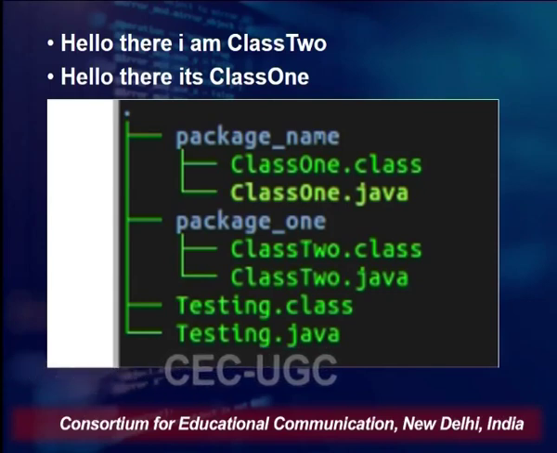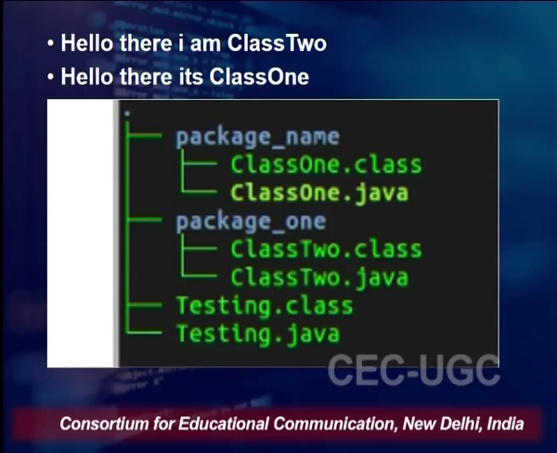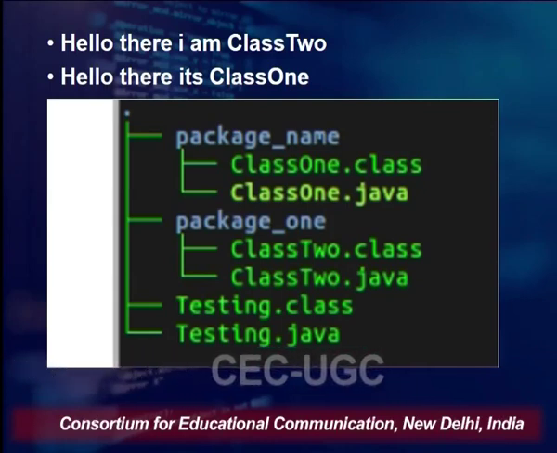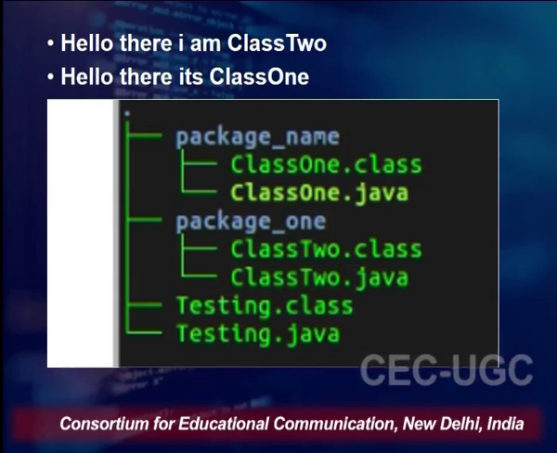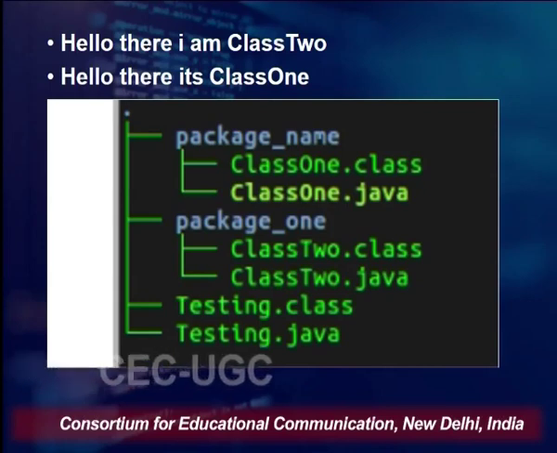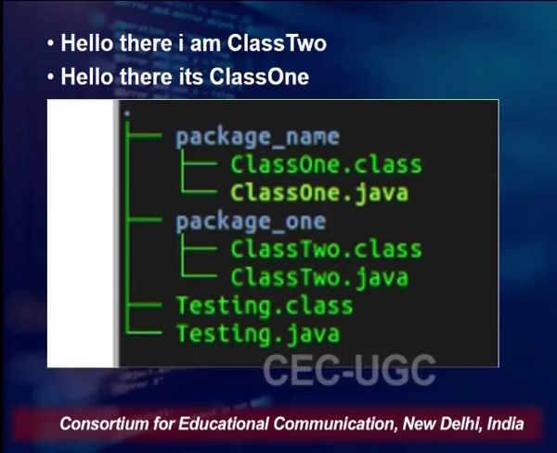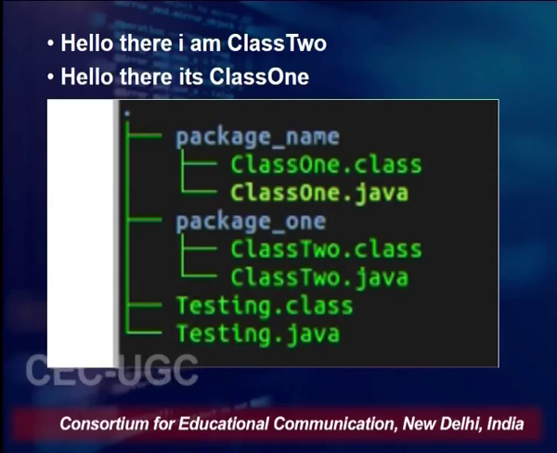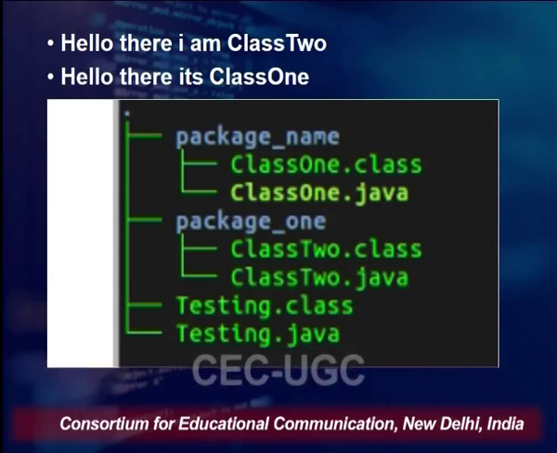Then within package_1, there is class2.java. After compilation, class2.class is created. At the outer level, neither inside package_name nor inside package_1, there is a file testing.java, and after compilation we get the corresponding class file, testing.class.